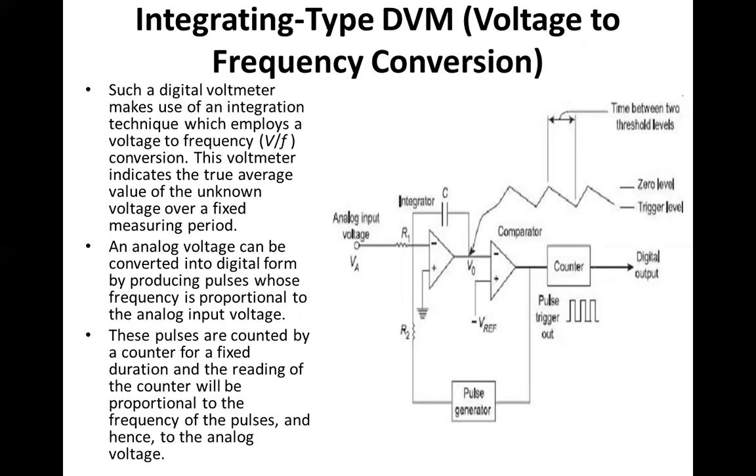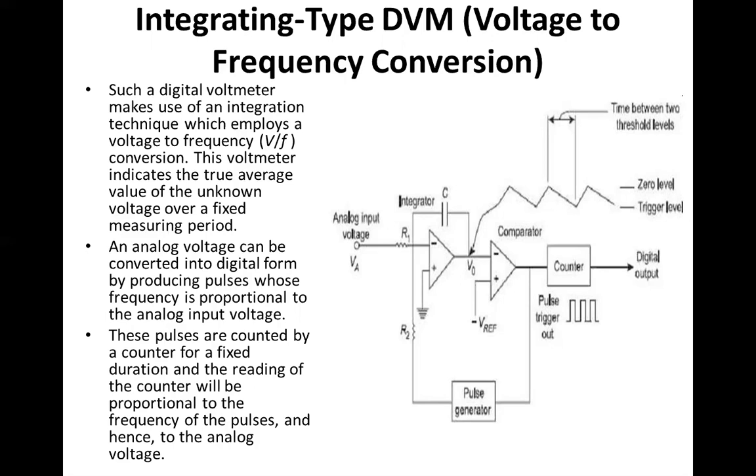Now this is the block diagram of the integrating type digital voltmeter. Here the figure is shown for voltage to frequency conversion. Such a digital voltmeter makes use of an integration technique which employs a voltage to frequency conversion. This voltmeter indicates the true average value of the unknown voltage over a fixed measuring period.